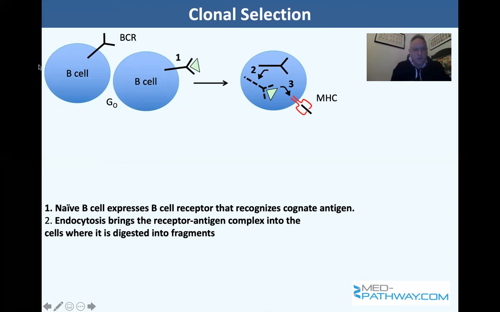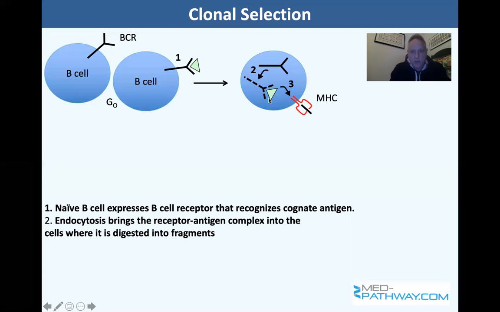And so what these things are doing is they're circulating in various tissues, they're in lymph nodes, et cetera, and they're in G0, they're quiescent. But when one of them encounters its cognate antigen, which could be something floating around from a virus, what happens is that you do a signaling response where you endocytose the receptor into the cell and you start degrading it through the lysosomes.